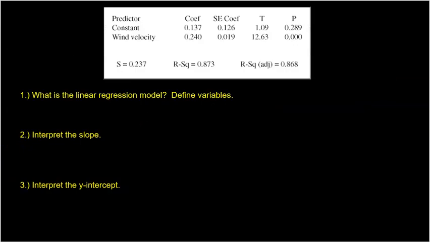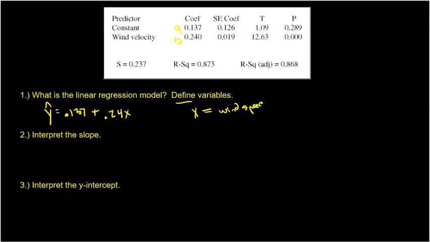All right, so make sure that you understand all that, right? Like I just went over all that, but make sure that's pretty clear. So the equation is going to be y hat equals 0.137 plus 0.24 times x. Again, you cannot mess that up. A and then B in the table there, alphabetical order. And then again, define the variables. So make sure you tell me x is the wind speed.